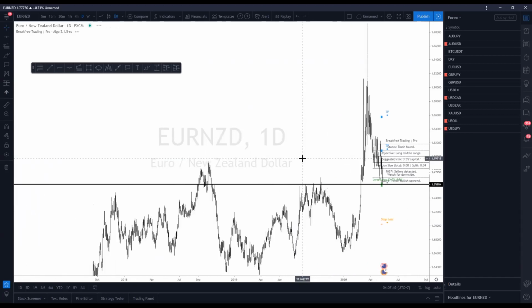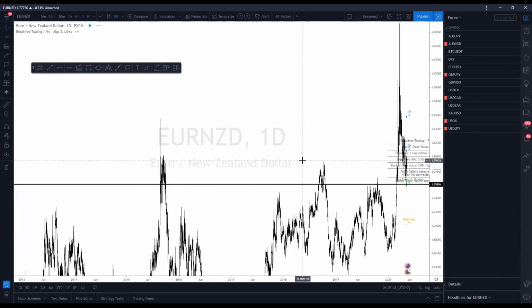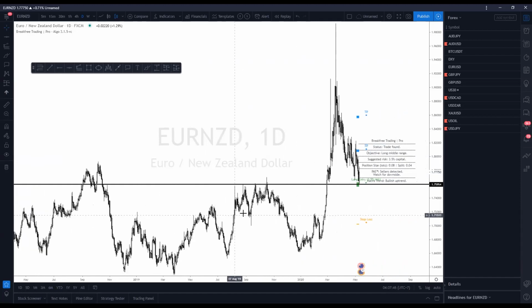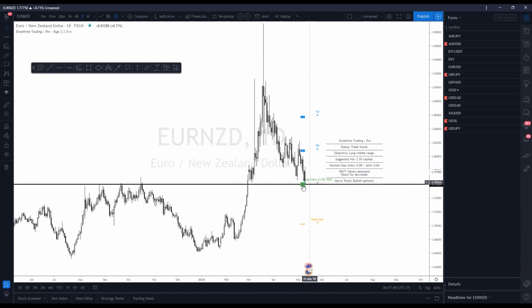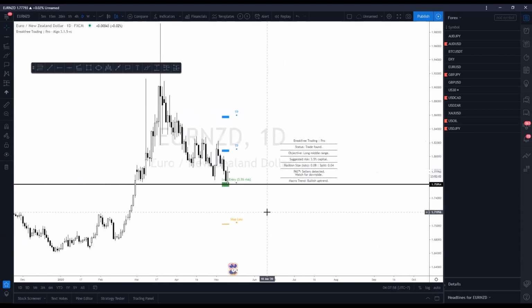It's a pretty good support zone. And if this breaks, you're probably going to be able to take another trade somewhere here or here maybe. We'll just wait and see what the algo says.